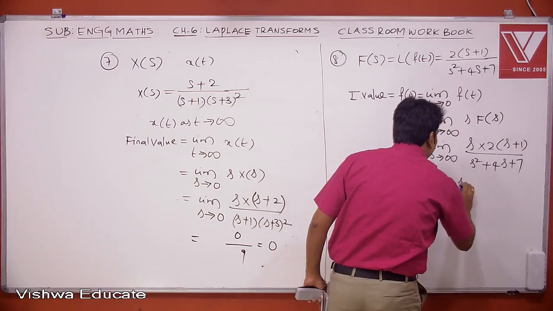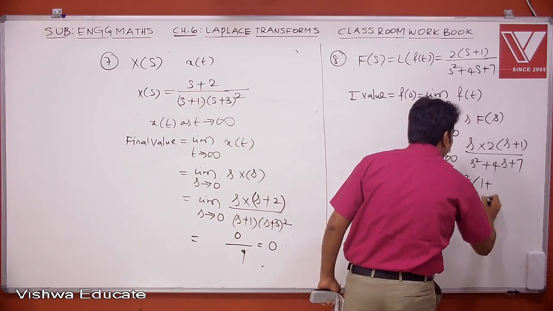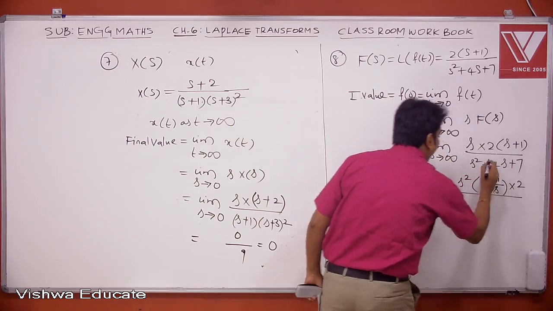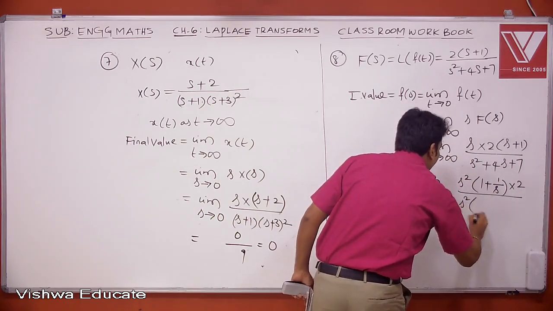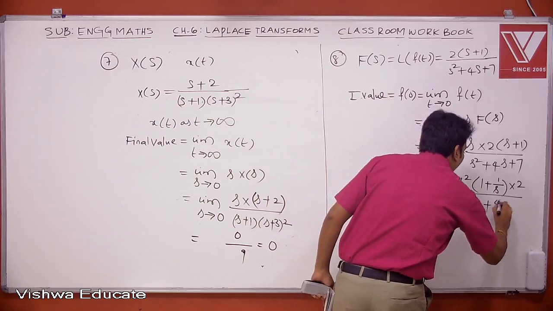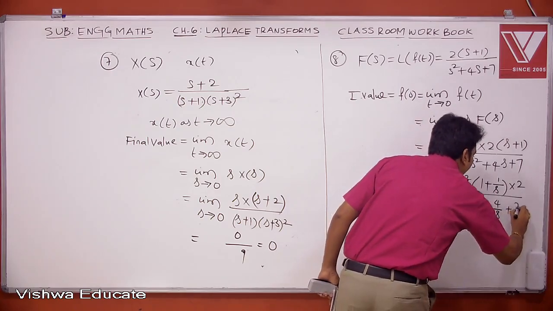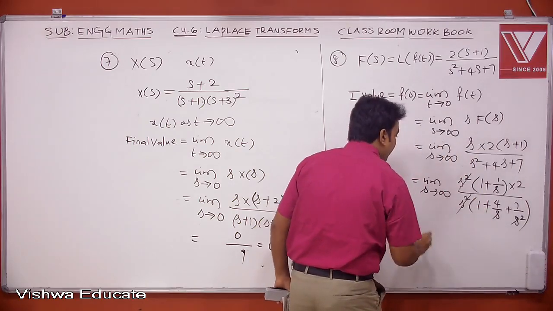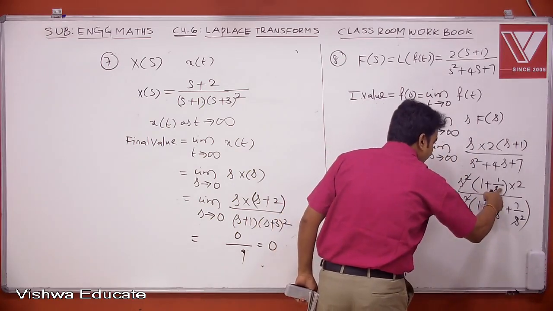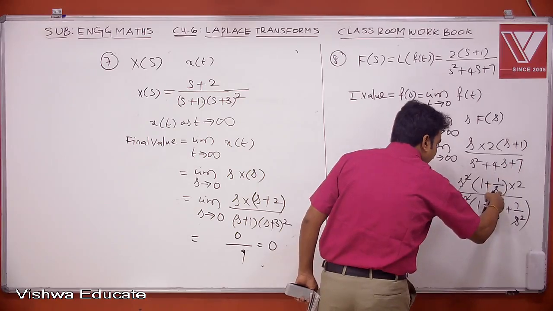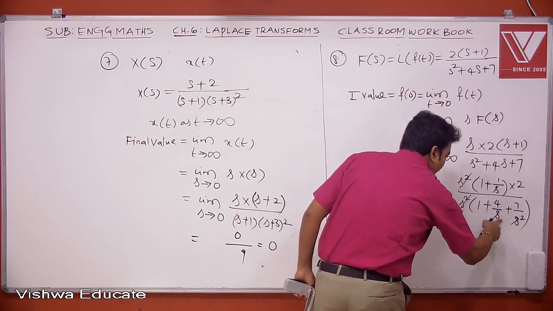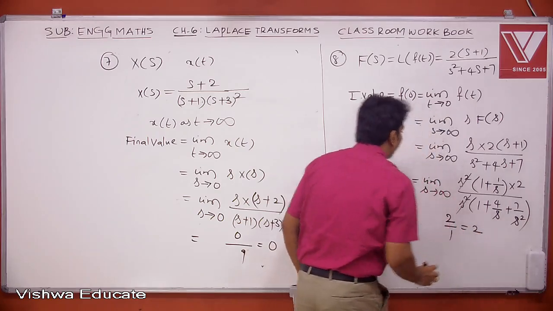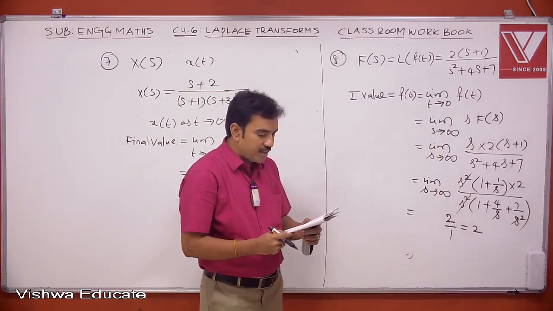Here I can take s square common in the numerator, s square into (1 by s plus 2 by s square), divided by, we can write the denominator as s square into (1 plus 4 by s plus 7 by s square). Now s square gets cancelled. Replace s by infinity. Now 1 by infinity is 0, 2 by infinity is 0, but in the numerator the s term gives 2. Here 4 by infinity is 0, 7 by infinity is 0, but 1 is there. So it is 2. Therefore, the initial value is 2.